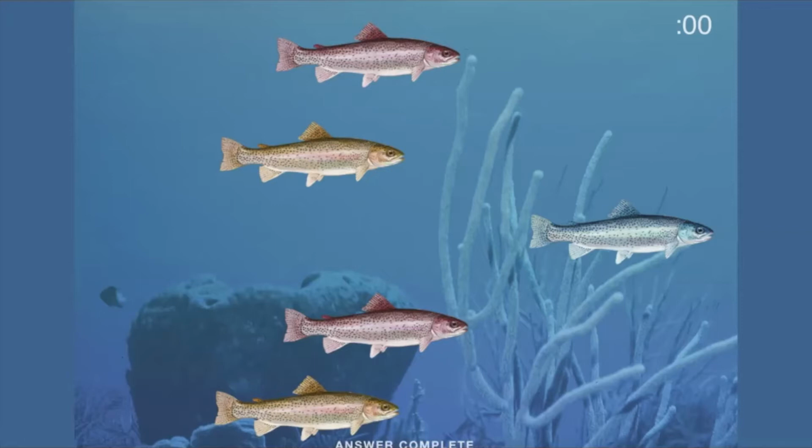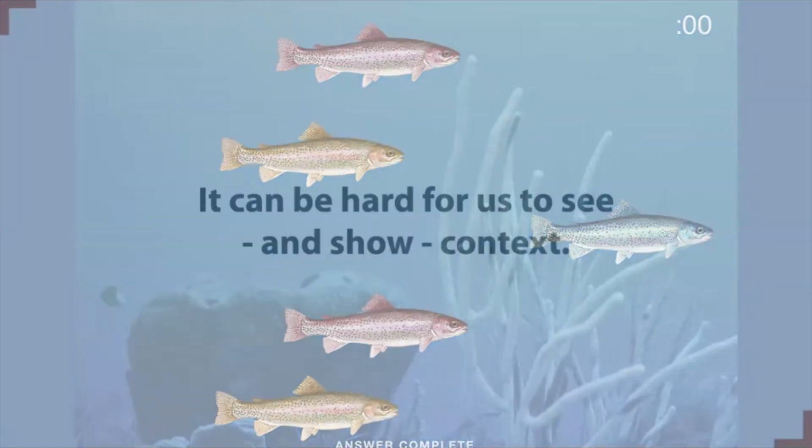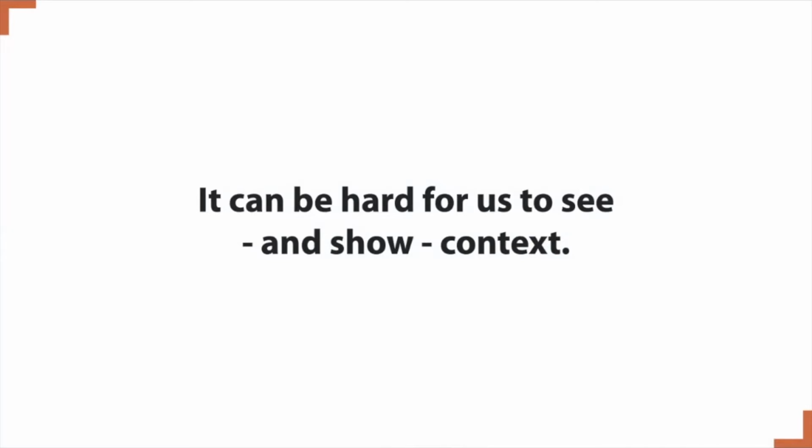Our default is often the individual and not their circumstance, which means that when we're campaigning for big changes in society, changes to policies, changes to systems, it's harder for us to show the need for that change. Because it's harder for us to see and to show context, the circumstances that surround us and shape us.